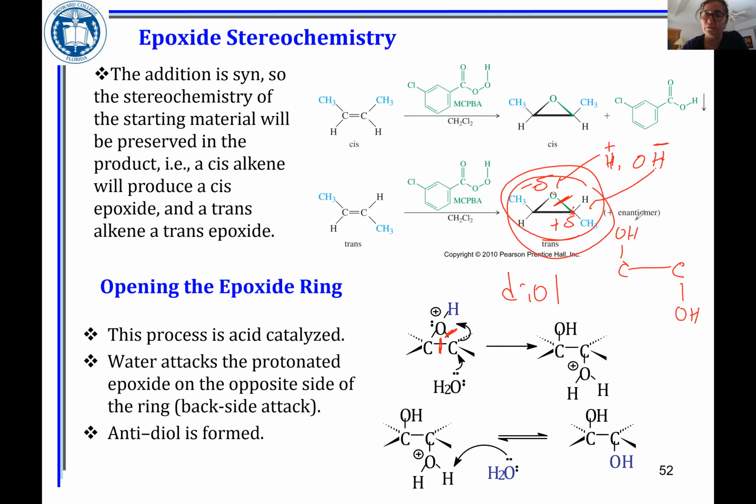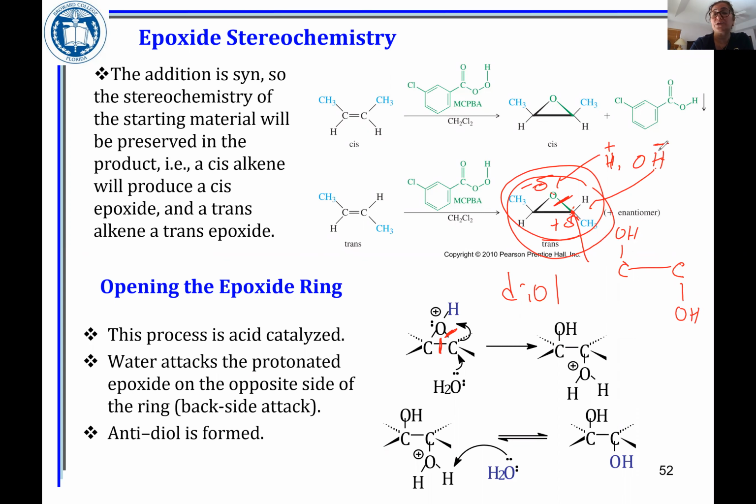If the water comes from the bottom, the oxygen breaks over the other carbon and stays on top, so it's anti-addition. So opening of the epoxide ring with water will give you a diol. What happens if you bring alcohol? Then your OH would change to OR.